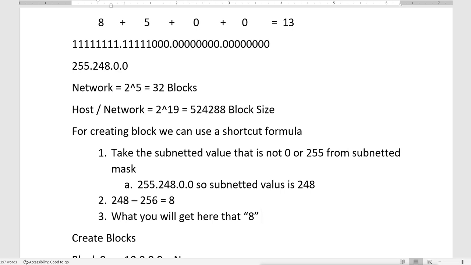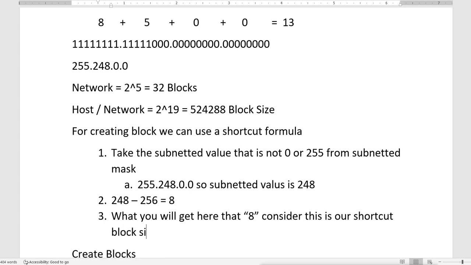We can consider this 8 our shortcut block size.